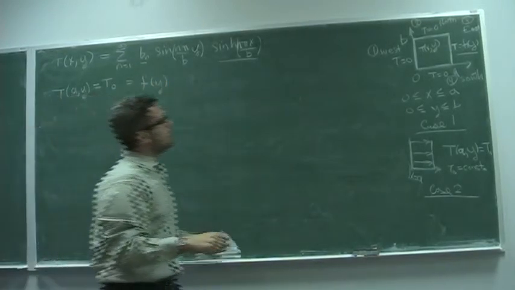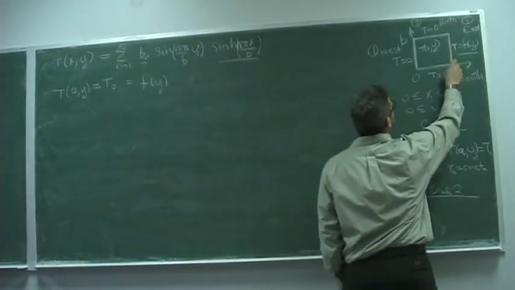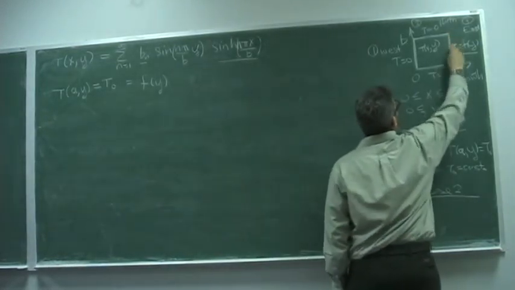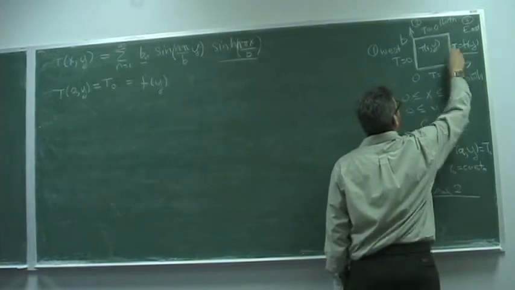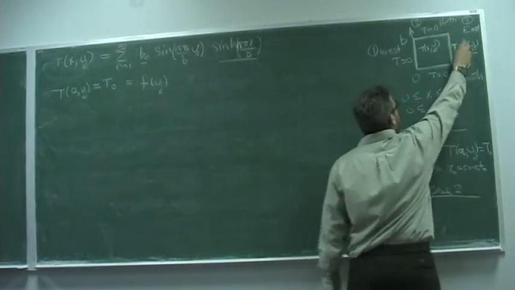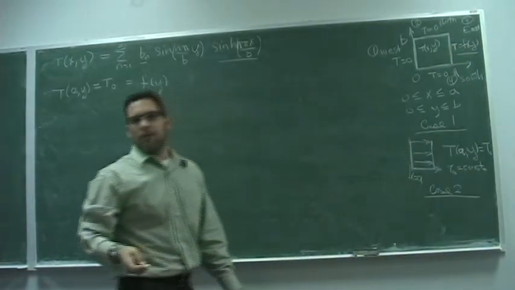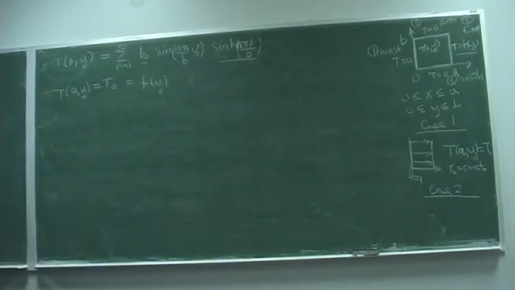What this is saying is that it's not a function of x because it's at x equals a. So I have this temperature that's a function of y over there. We're going to see what this temperature as a function of y does to our plate in terms of heating everywhere in the plate.